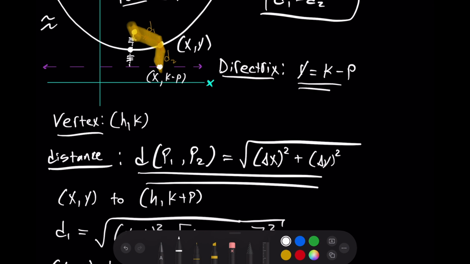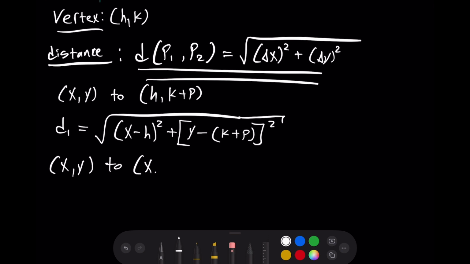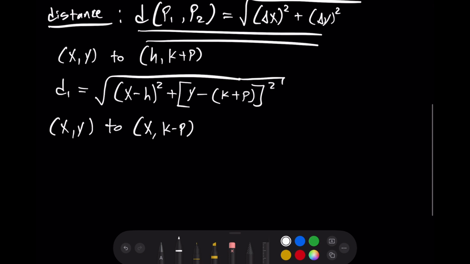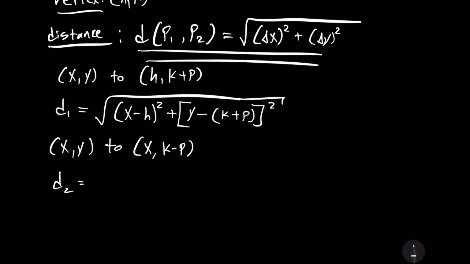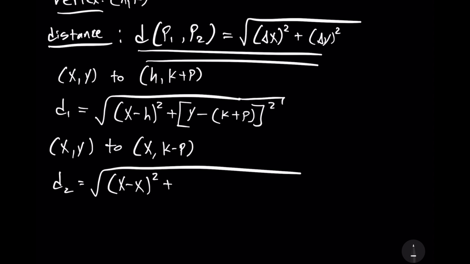If we think about our directrix, (x, k minus p). So d sub 2 will be equal to the square root of (x minus x) quantity squared, plus [y minus (k minus p)] squared.